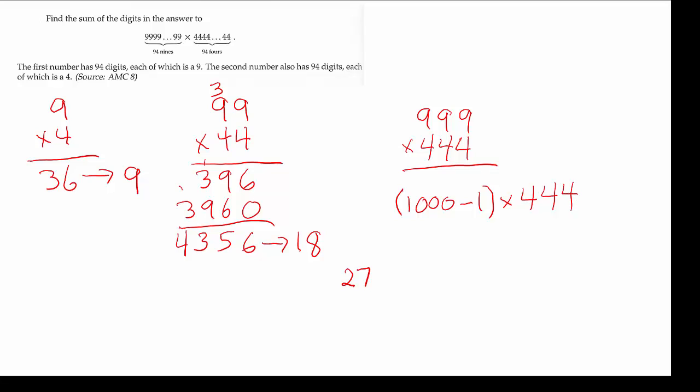When we write it out like this, we can easily translate it into a subtraction problem. So we have 444,000 minus 444. Let's do that subtraction.